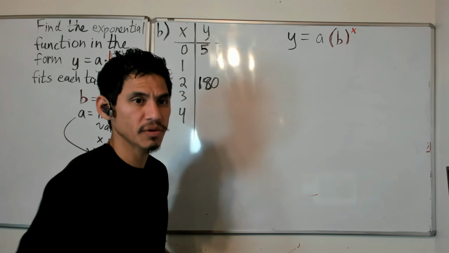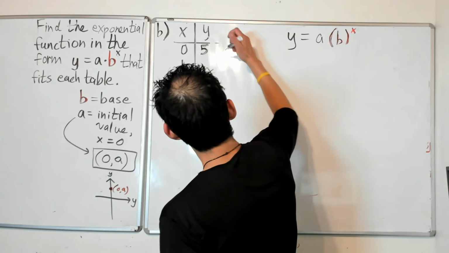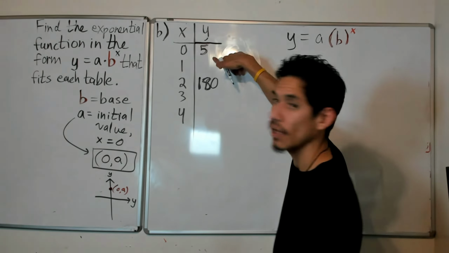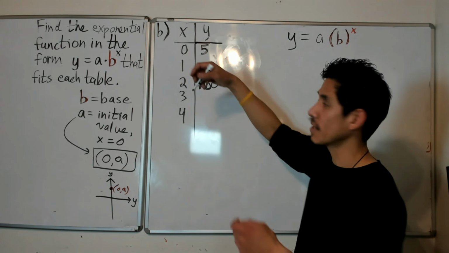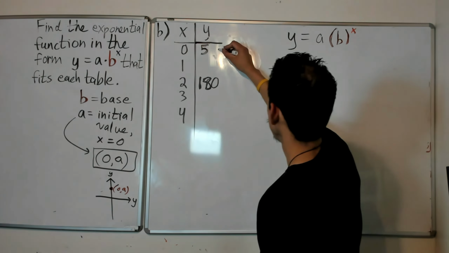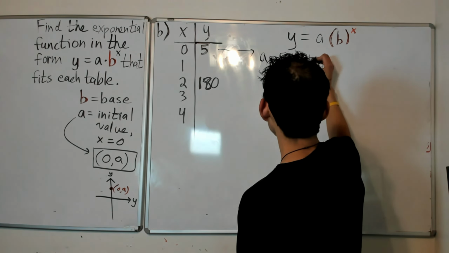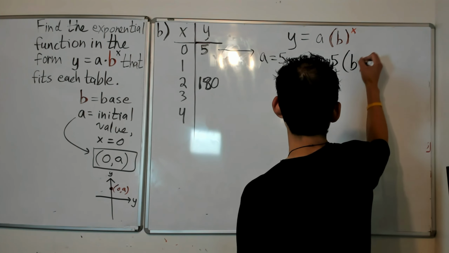Okay, so let's see where we go from here. We're given that y is 5 when x is 0. So we're given the a value already. From that we have that a is 5, and we can write y equals 5 times b to the x power.